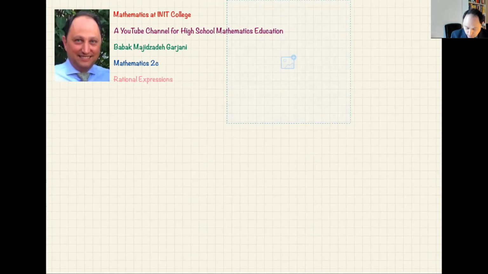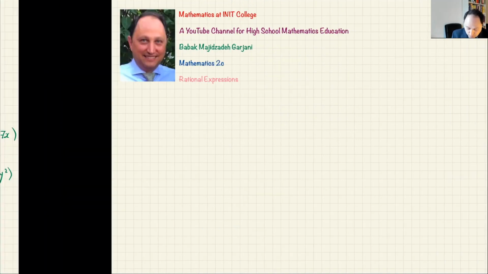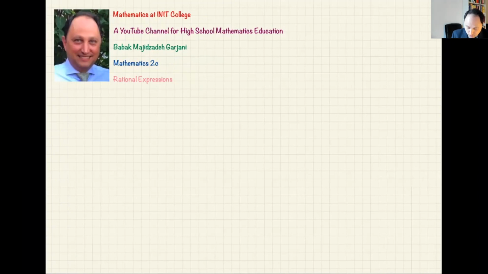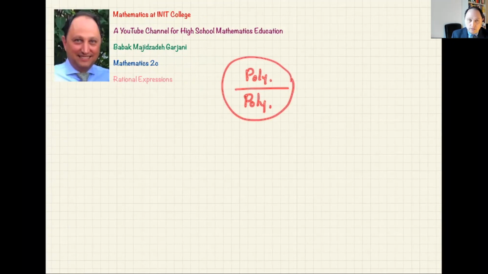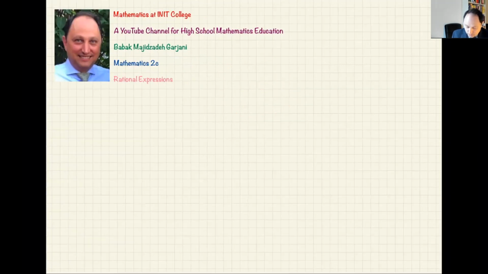I want to teach you the new lesson, which is not really a new lesson. This is just a repetition from Math 1C. I want to talk about rational expressions. So what do I mean by a rational expression? A rational expression is a fraction whose numerator is a polynomial and whose denominator is also a polynomial. Every expression like this is called a rational expression, or algebraic rational expression if I want to be precise.